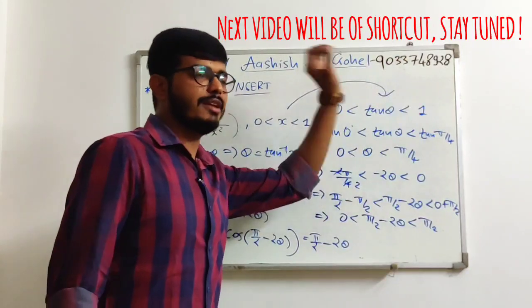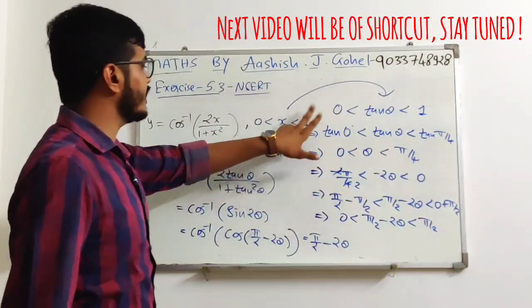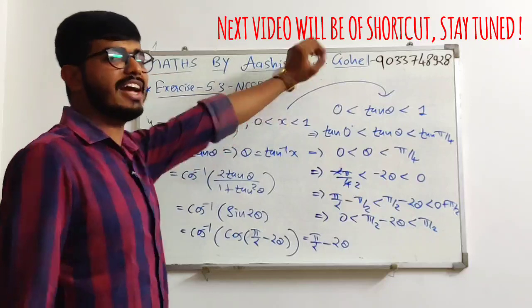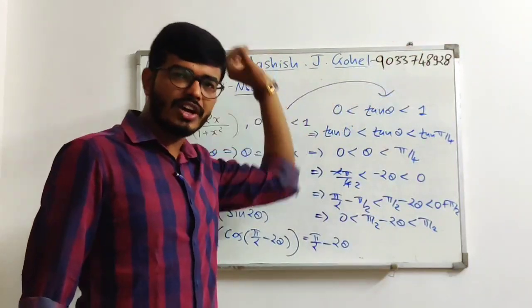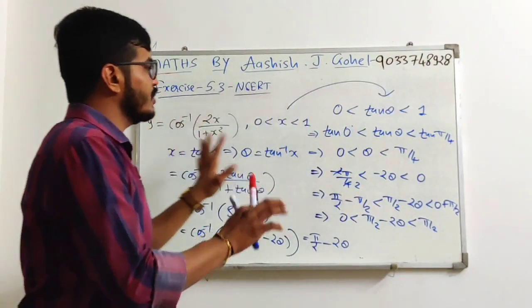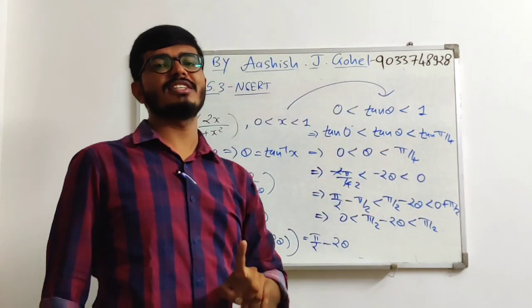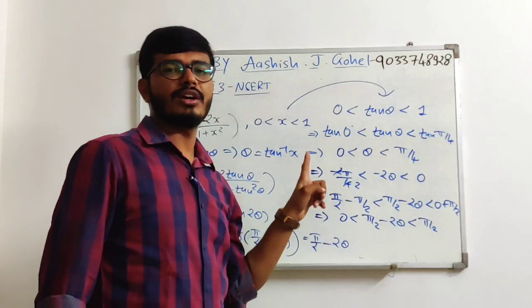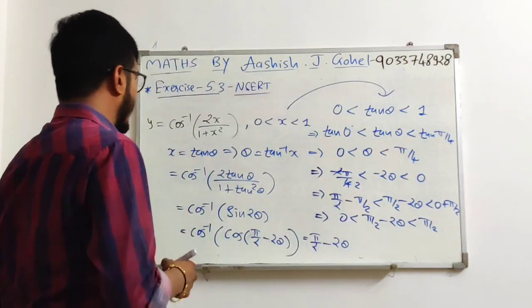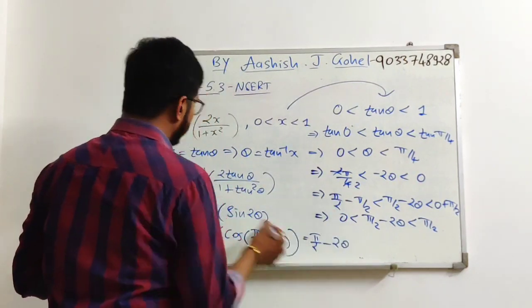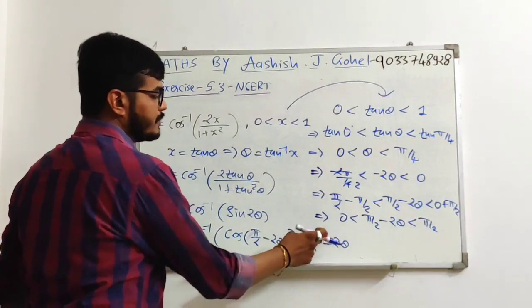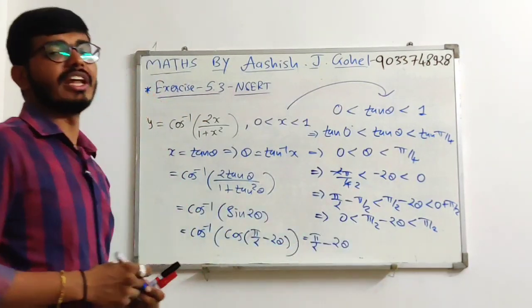It is okay. In many of the questions, this kind of thing is not given. The range of x will not be given. So if it is not given, then no need to discuss anything like this. But if it is given, then you must discuss these things. Understood?